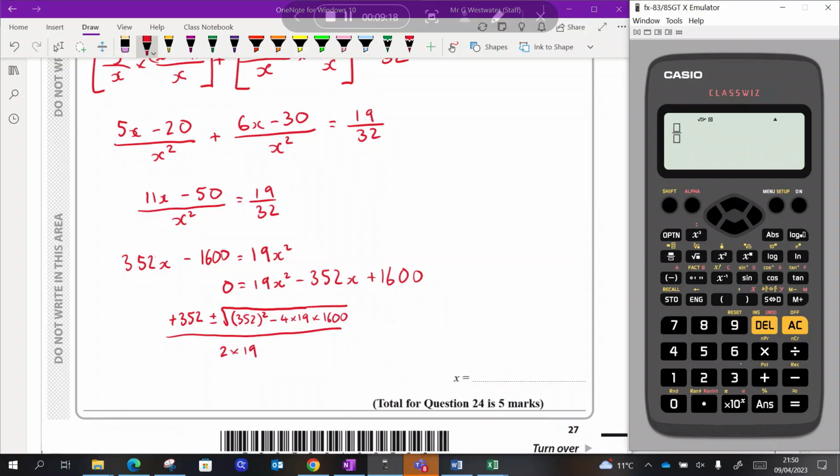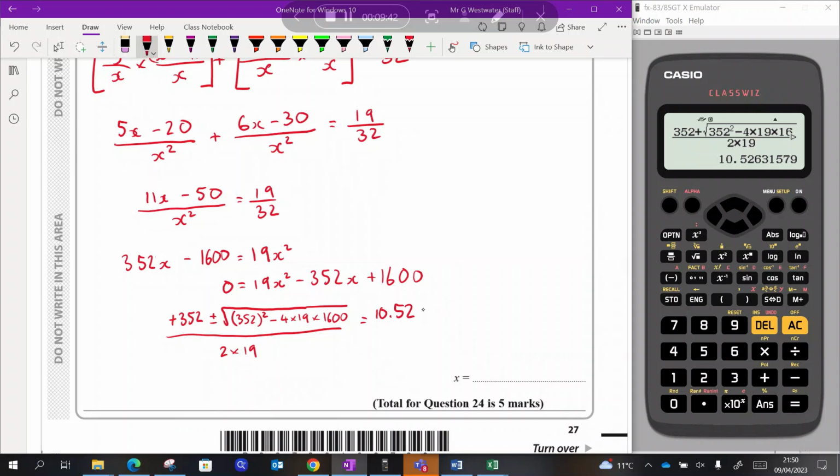So 352, and we'll start with the plus. Square root 352 squared minus 4 times 19 times 1600 over 2 times 19 equals 10.52, 631 dot dot dot, and if I turn this into a minus, 8.